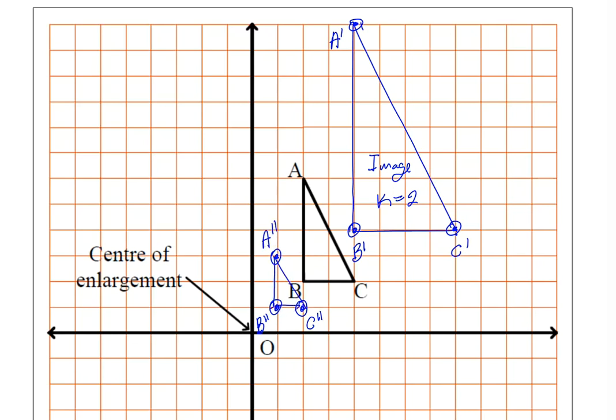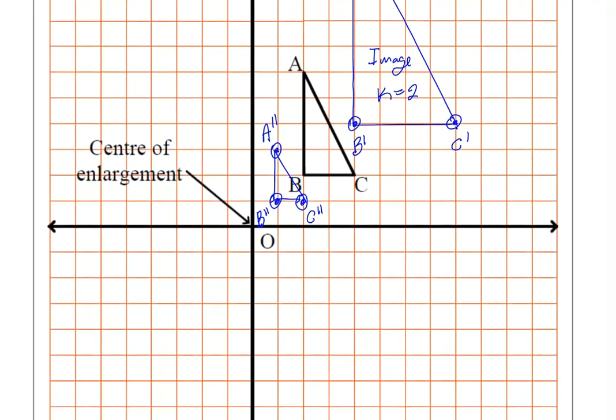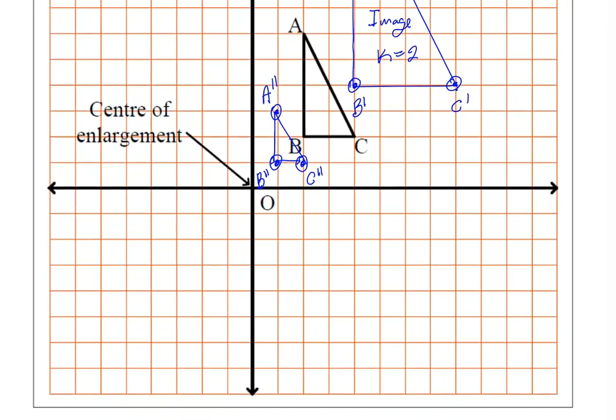Now, the final enlargement I'm going to do is an enlargement with scale factor -1 and center the origin. When the scale factor is negative, you're going to go in the other direction.